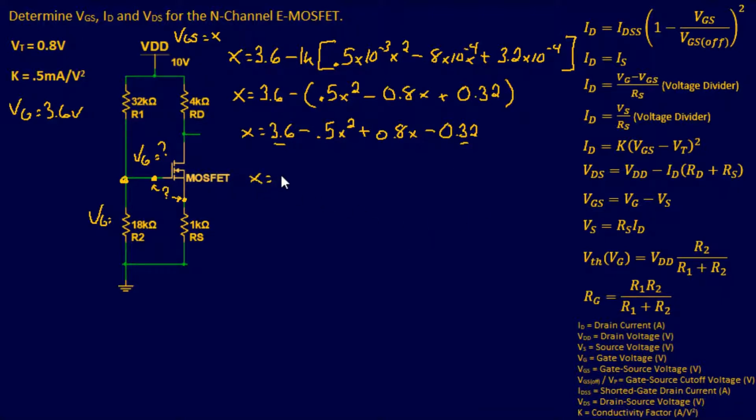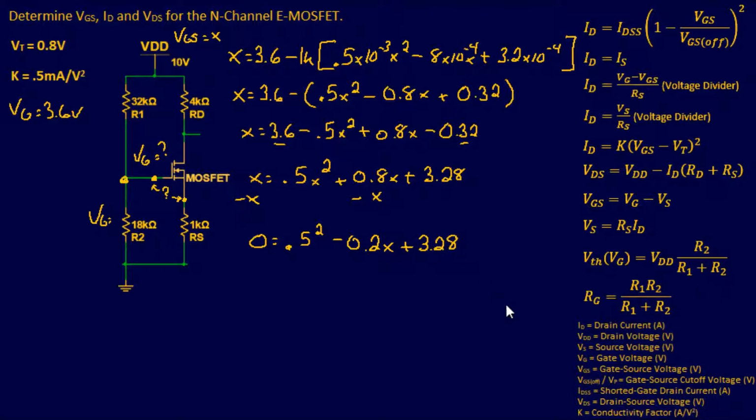So x equals 0.5x squared plus 0.8x positive, and then 3.6 minus 0.32, 3.28. And just like last time, since we have the x over here, minus x, that's going to be 0 equals 0.5x squared, and that's going to be minus 0.2x, and that's going to be plus 3.28.